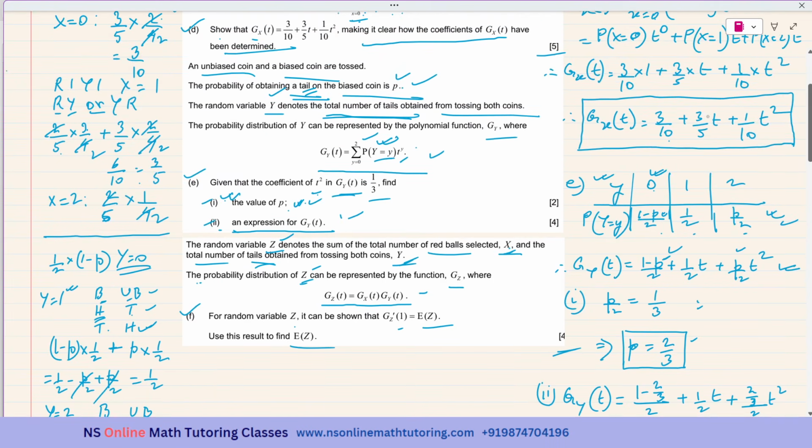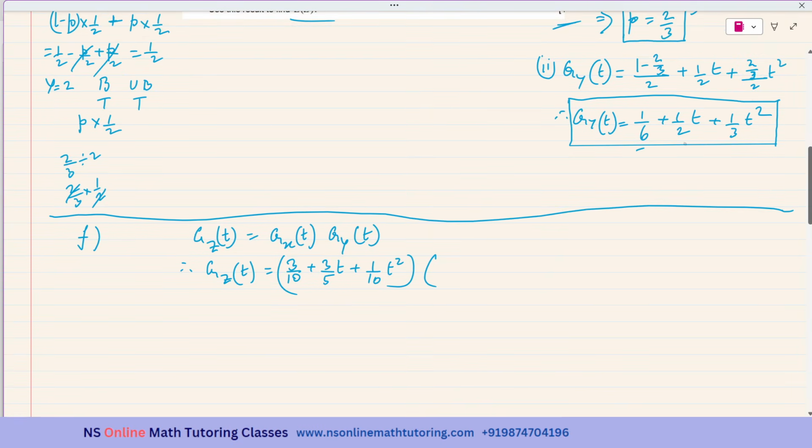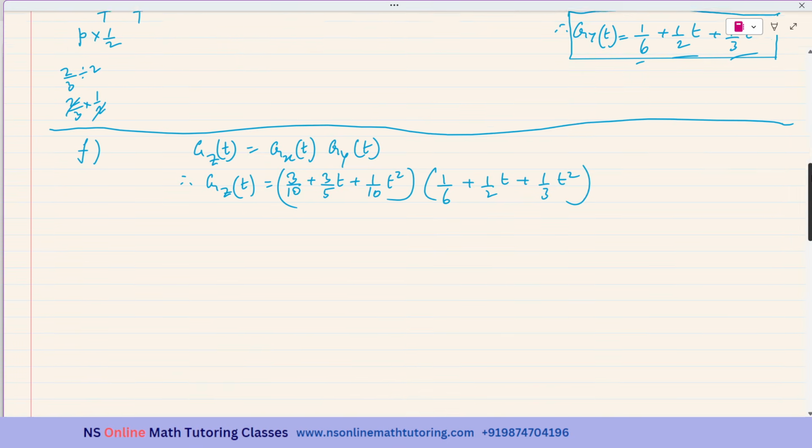It was 3/10 plus 3/5 t plus 1/10 t², times 1/6 plus 1/2 t plus 1/3 t². And we will be expanding.